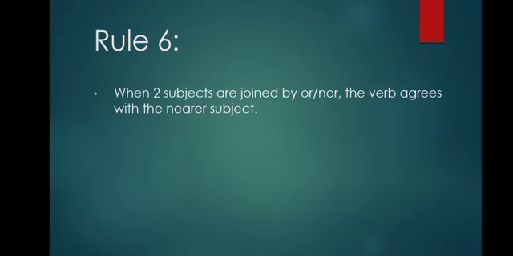Therefore, if the nearest subject from the verb is singular, we must use a singular form of verb. And if the nearest subject from the verb is plural, we must use a plural form of verb as well.